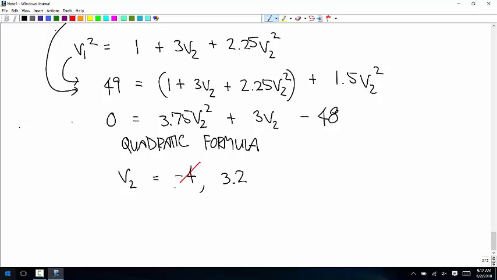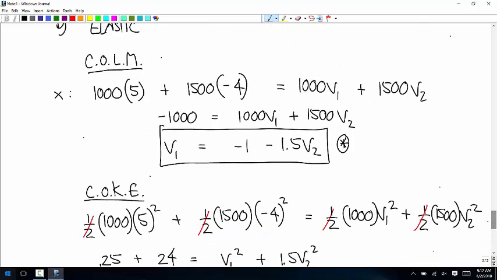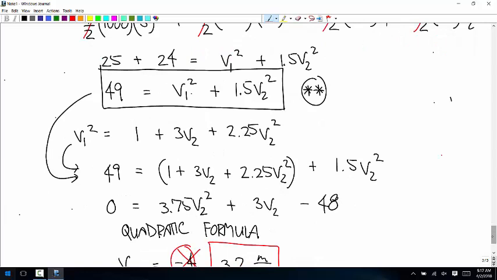Okay, negative 4 is what was happening before the collision, so get rid of that one. And the one we want then is 3.2. Then you can plug it back into equation star, and what do you get for V1?